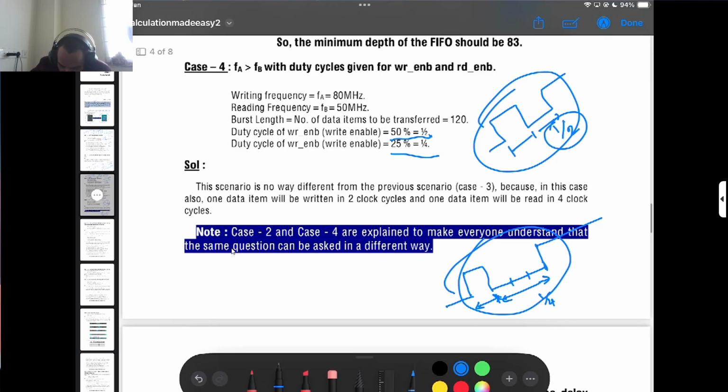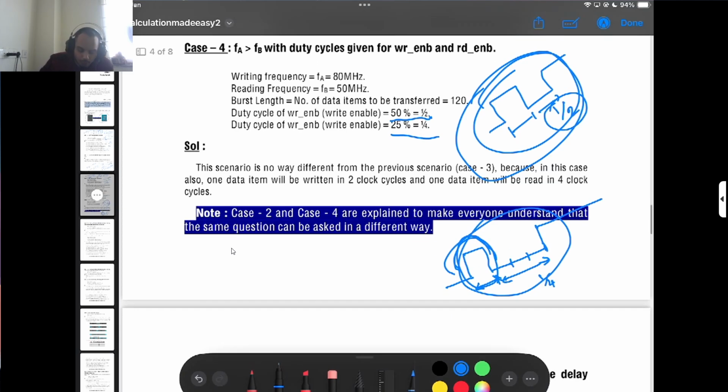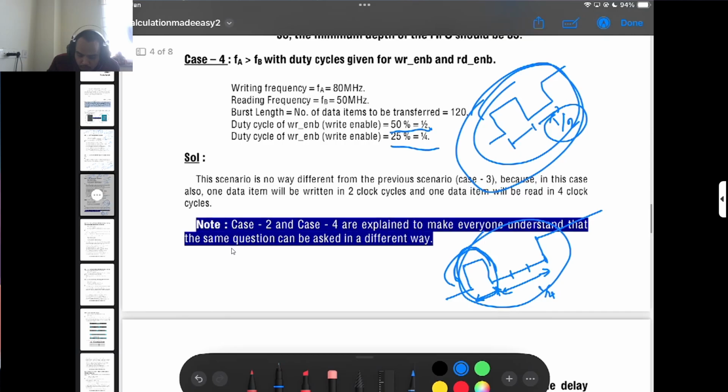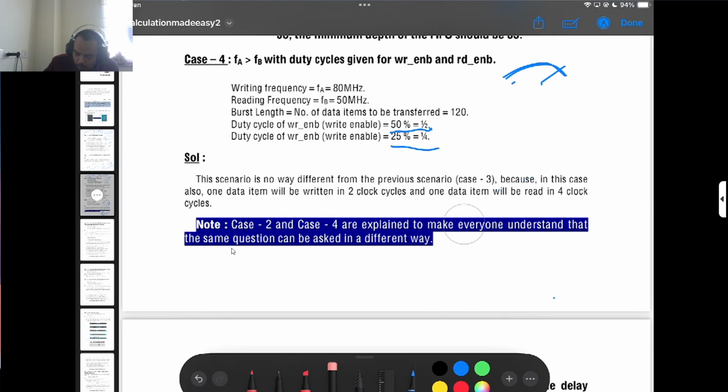If my duty cycle is less, it requires more clock cycles for receiving the same amount of data that module A delivers in one clock cycle. Okay, now try to solve the problem.